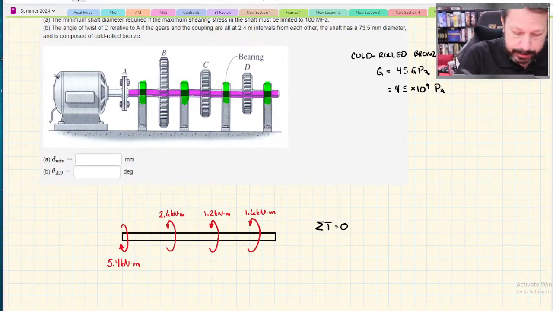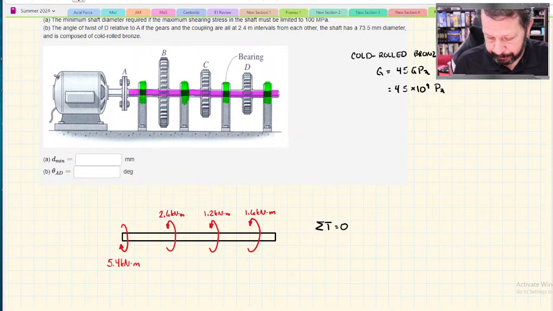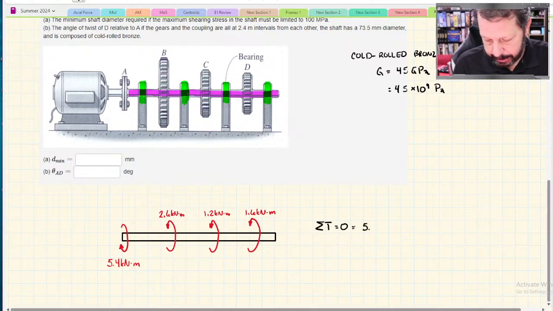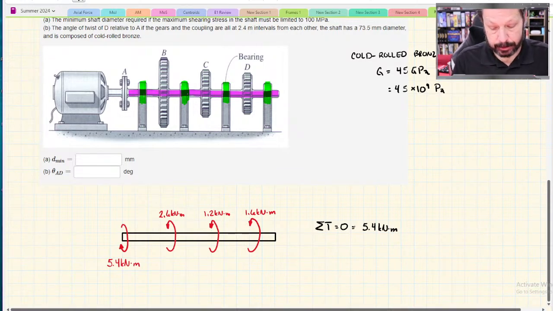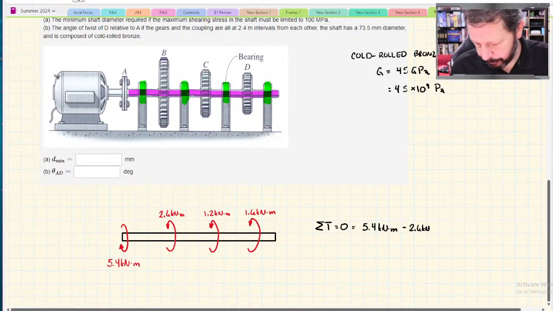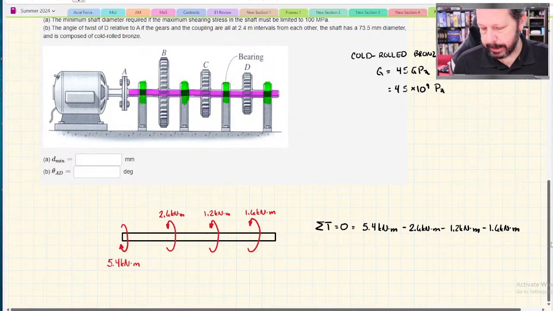So if I add up all these torques, and I give the 5.4 a plus sign, I would be writing 5.4 kilonewton meters, and then these other three are the opposite, so they're minus. And so that does indeed add to 0. So it's true. All right.